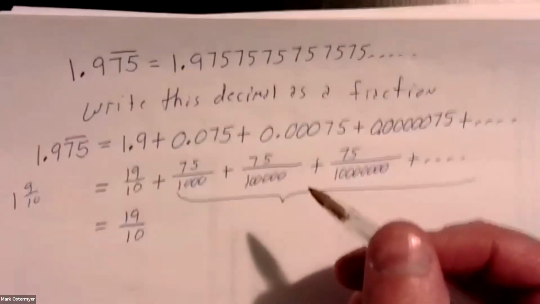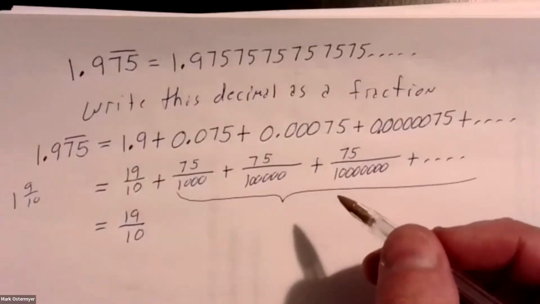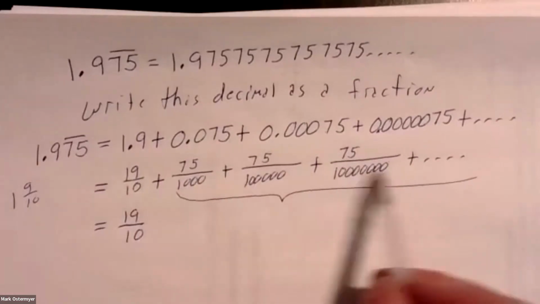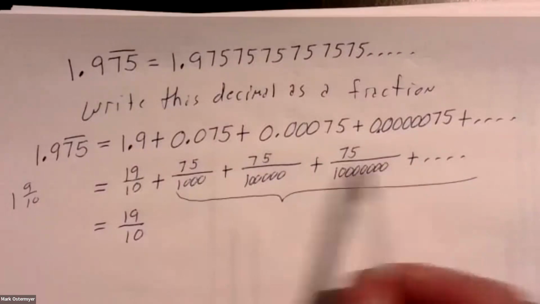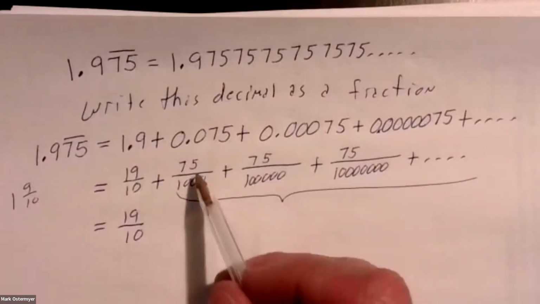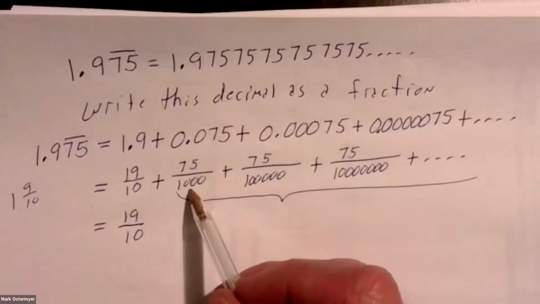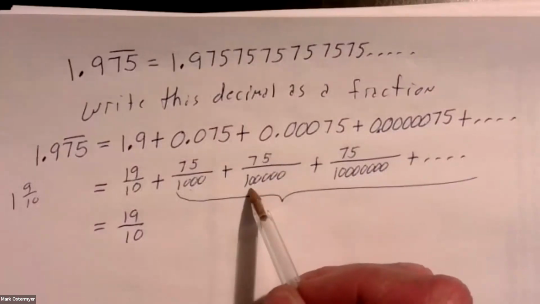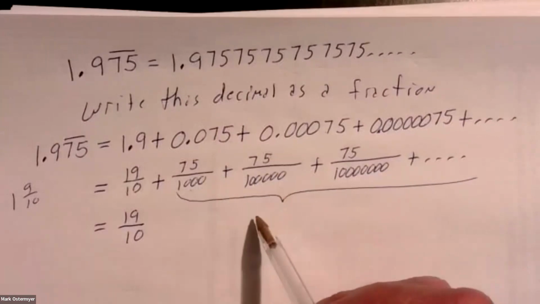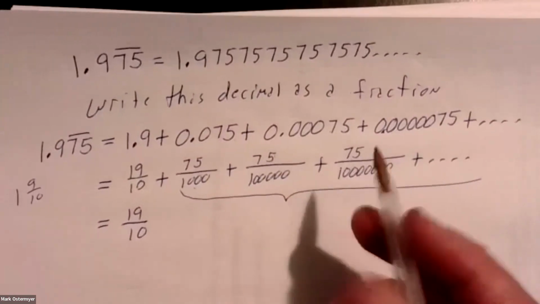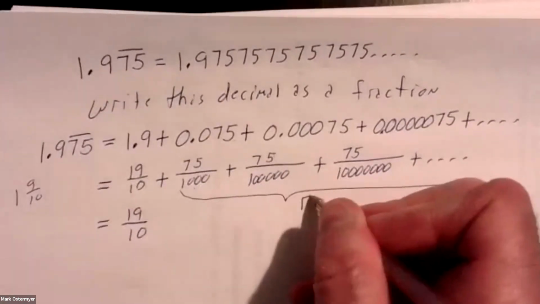Okay, so my question is this. What's the common ratio of this portion of my infinite series? The common ratio. What are you going to multiply 75 over 1,000 by to generate 75 over 100,000? What is my common ratio here?